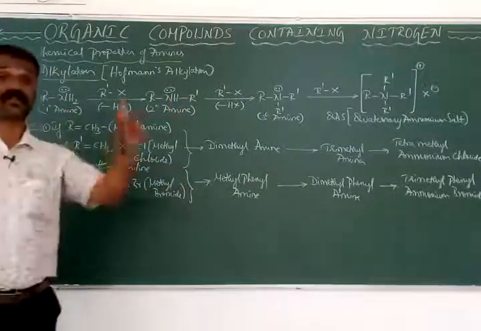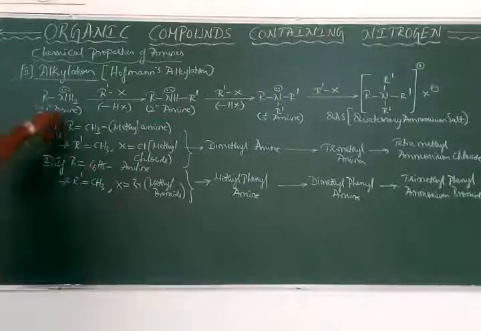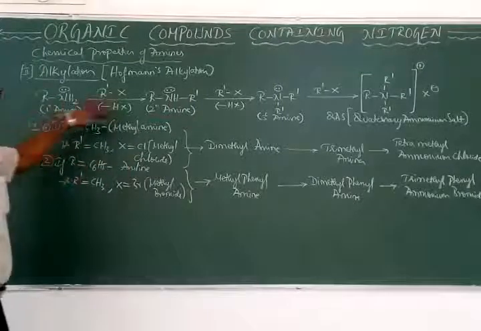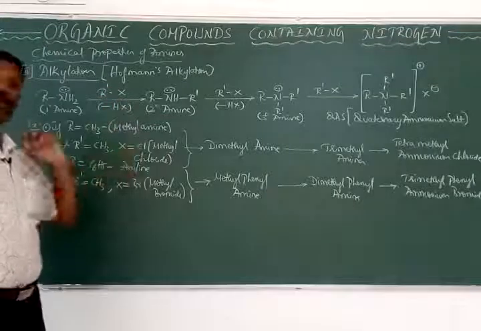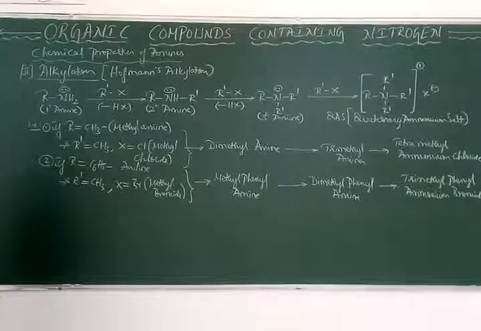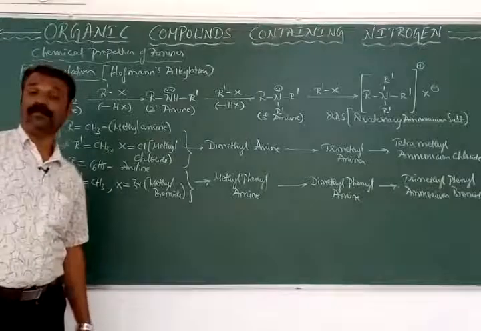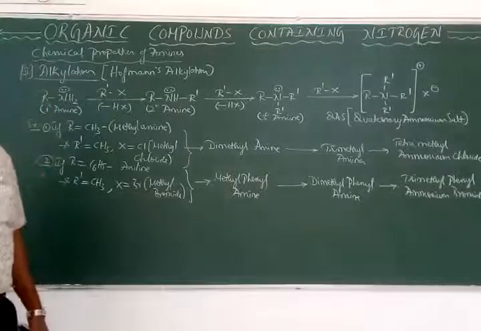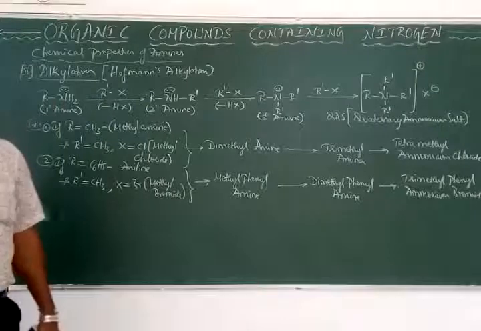You have to write the reactions of this by putting R is equal to what? C6H5 and R' is equal to CH3 and X is equal to Br. So here this alkylation is helpful for the distinction between primary, secondary and then the tertiary amines.